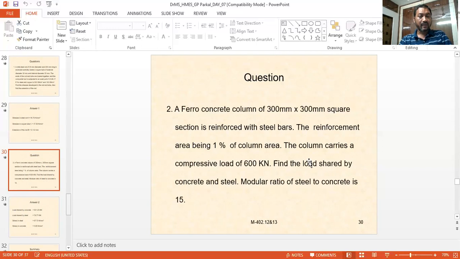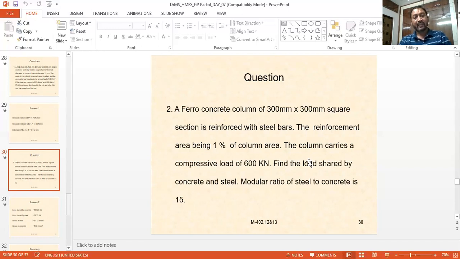Here the total area of the ferroconcrete column is 300 by 300. And this concrete is reinforced with steel bars at the corners, and the diameter of the steel bar is not given here.